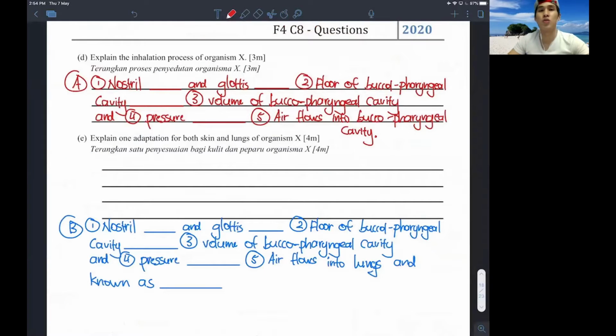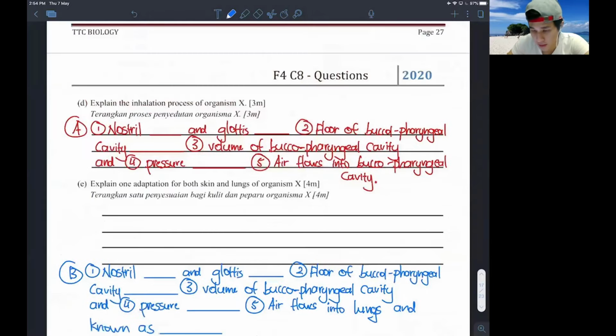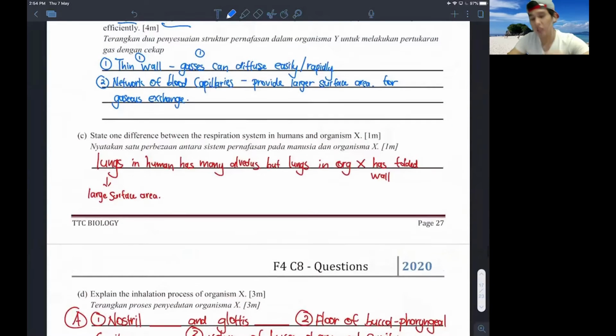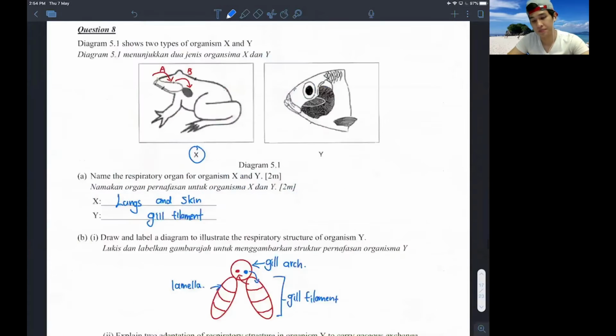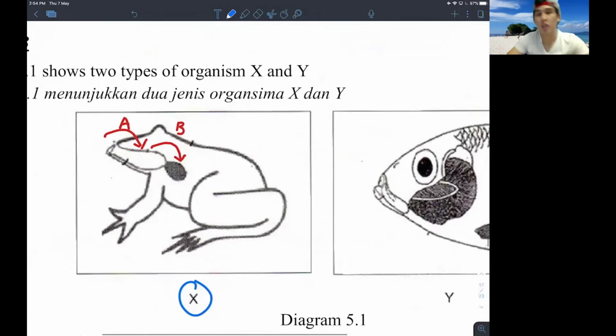Now, those that didn't do it, I already give you here the answer, just have to fill in the blanks. Before we fill in the blanks, let's recap a bit first on the inhalation process. So number one, remember muscle, volume, pressure. Air first has to enter the mouth, called the buccal pharyngeal cavity. So before the air can enter, you actually have two openings.